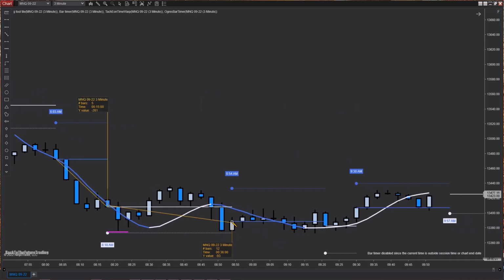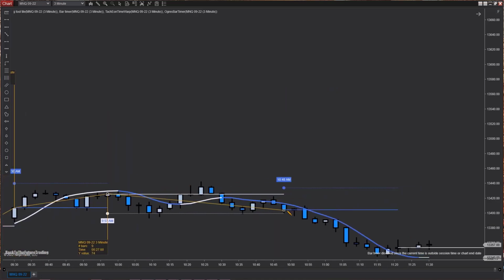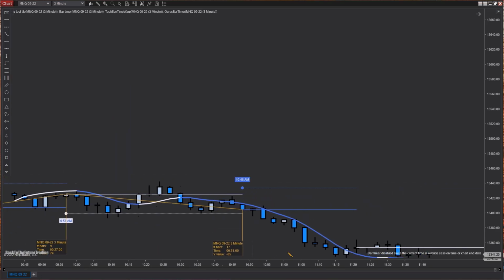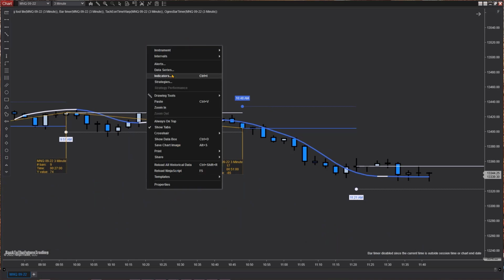It just makes my strategy look really good this day. Dot to dot, dot to dot, dot. Yeah, dot to dot was not the way to go today. I don't even feel like bothering with the rest of it.